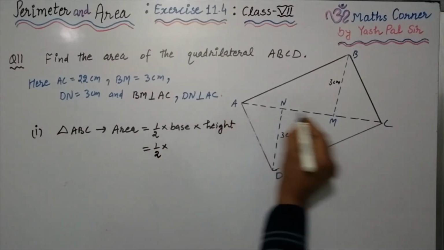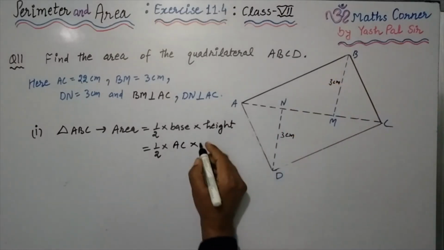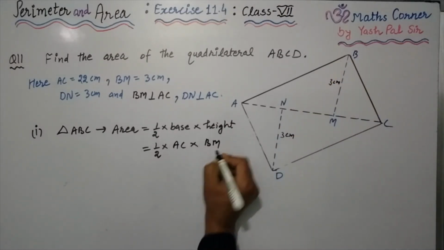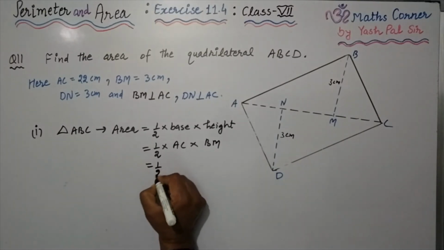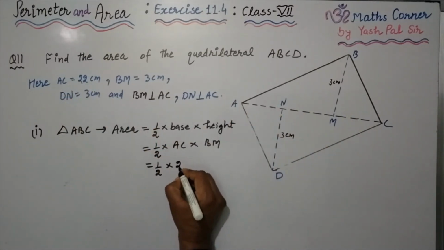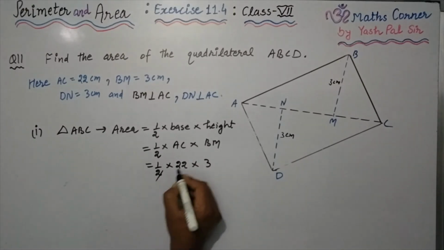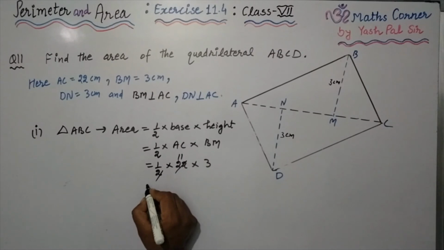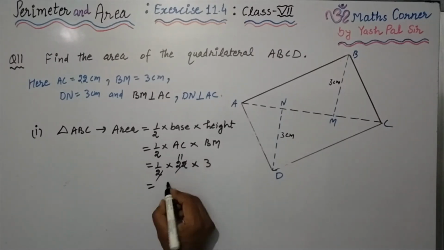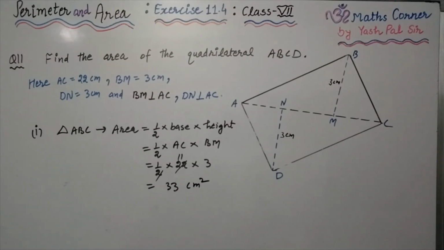That is 1 by 2 into base AC and height BM. That is 1 by 2 into AC is 22 into BM is 3. So 2 is cancelled. 11 2s are 22. 11 3s are 33 centimeter square.